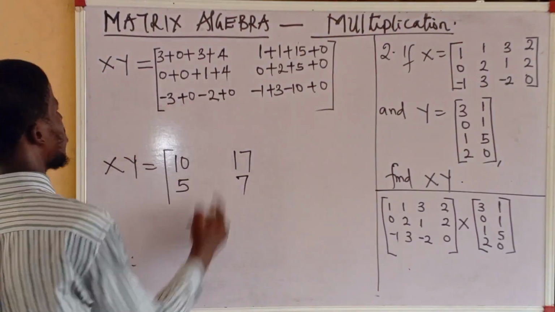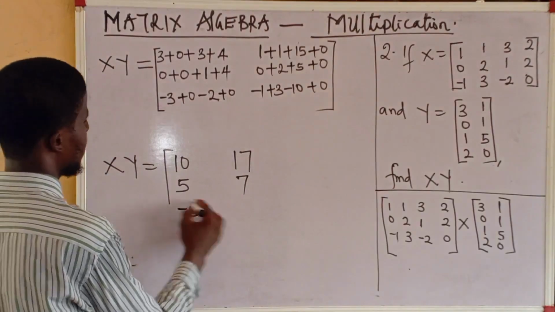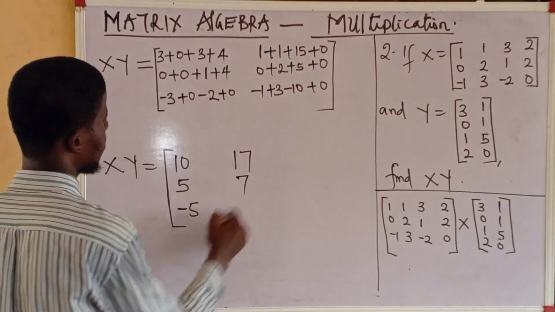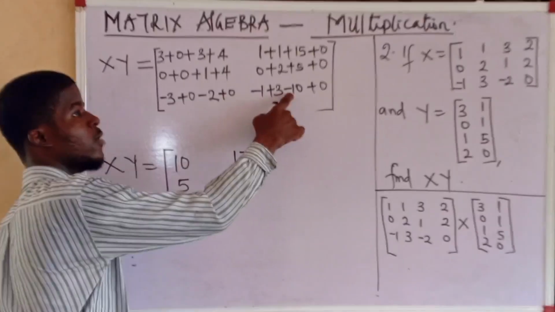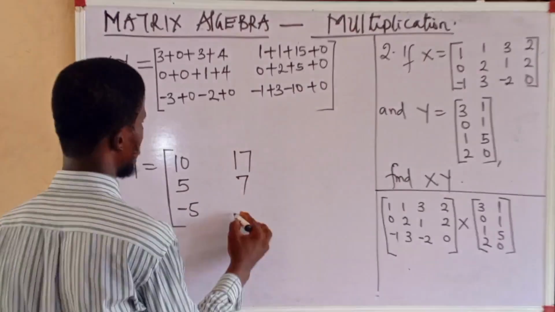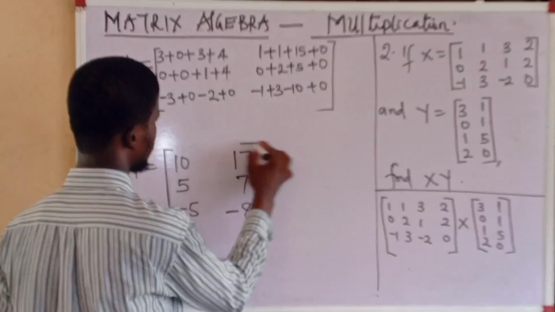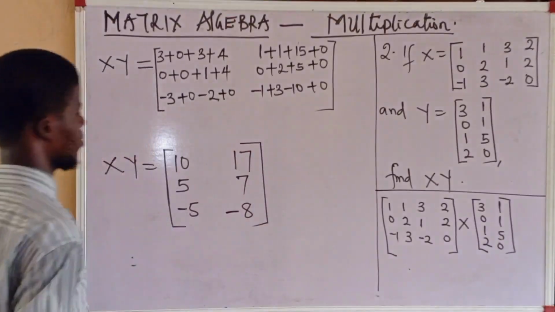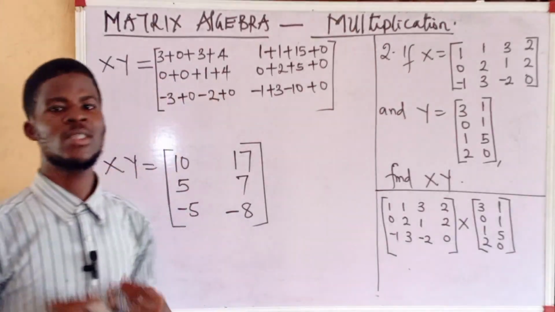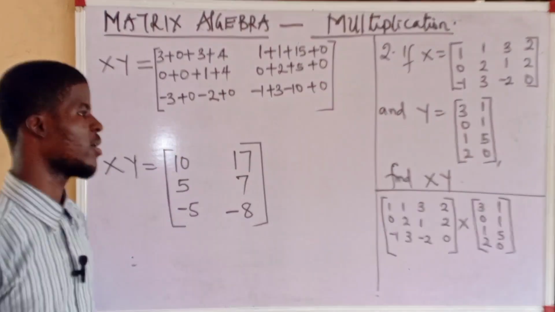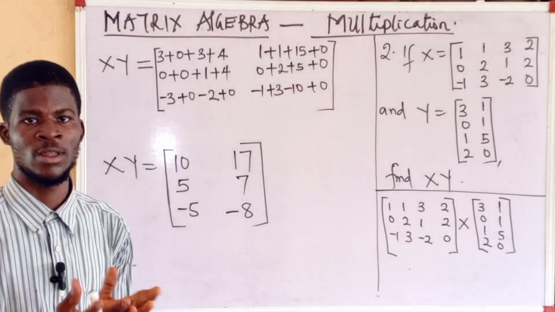Minus 3 is minus 5. Minus 1 minus 3, minus 1 minus 10 is minus 11. Plus 3 is minus 8. And this is the product of x and y. So this is how to multiply two matrices together.